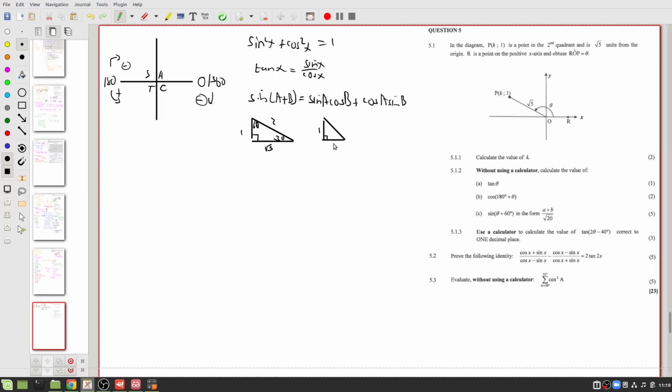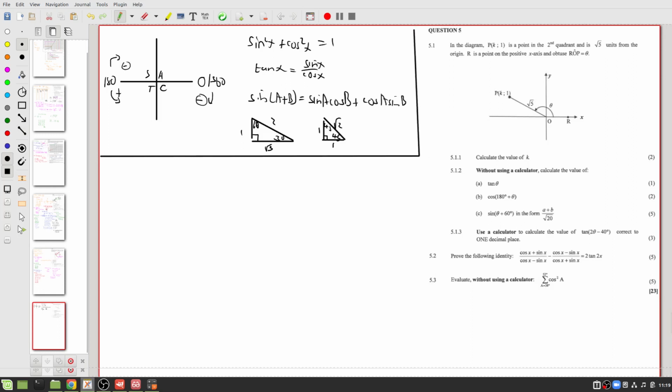And if this is 45 degrees and this is also 45 degrees, then we have 1, 1 and square root 2. Okay, I think that's sufficient information for us to use for this question.